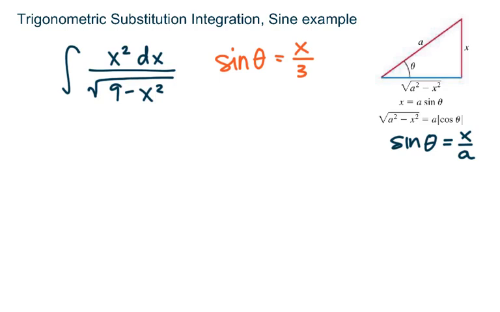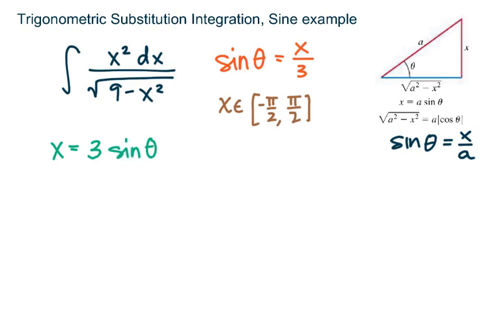Now, remember, when we are dealing with inverse sine, we have a range restriction. The range restriction for inverse sine is a closed interval between negative pi over 2 and pi over 2. Looking at this, I'm going to say x equals 3 sine theta.